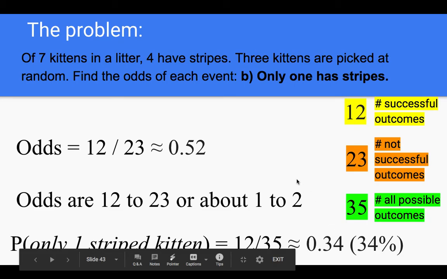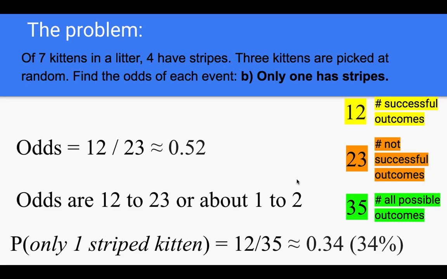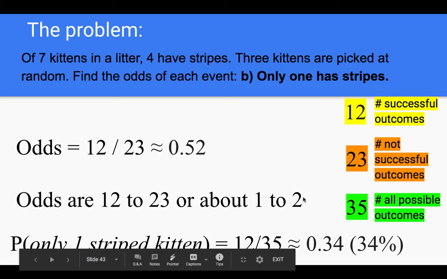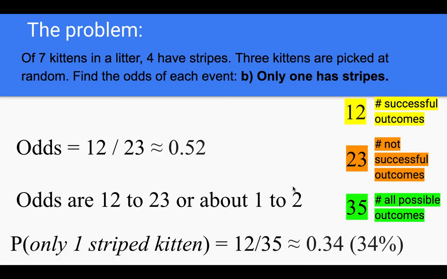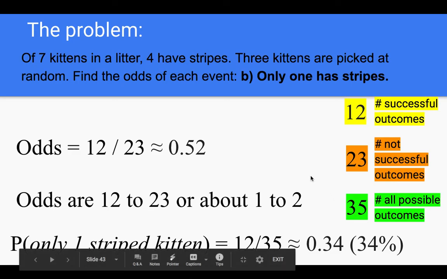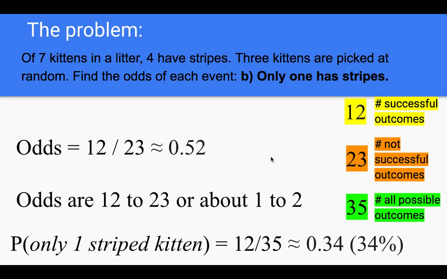And again, you can see here, saying that the odds are about 1 to 2 means that not having this scenario happening is twice as likely as having this one happening. That's the interpretation when you say that the odds are about 1 to 2, which again shouldn't be confused with the probability. To my liking, speaking about the odds is just a way to fool people into gambling and into gambling more. But anyways, now you know, don't get fooled by this.